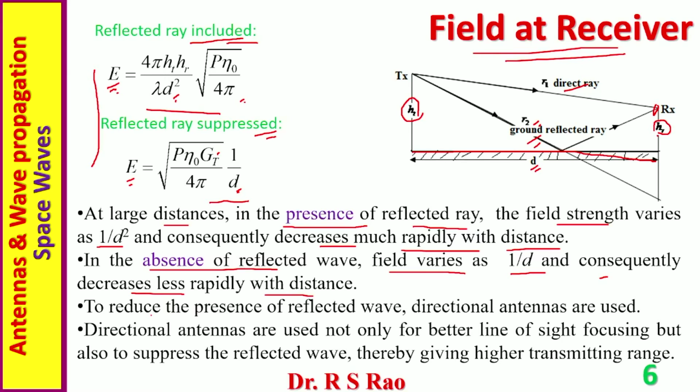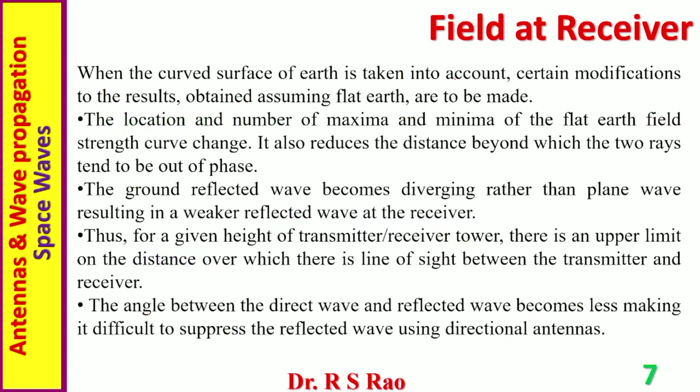Hence, reflected ray requires to be suppressed. To reduce the presence of reflected wave, directional antennas are used. Directional antennas are used not only for better line of sight focusing, but also to suppress the reflected wave, thereby giving higher transmitting range. Some more points regarding a field at receiver.